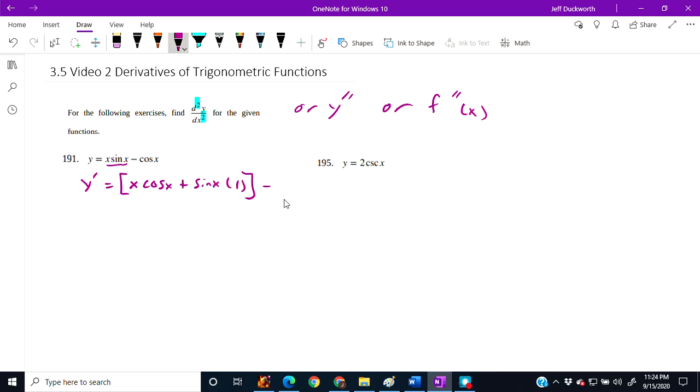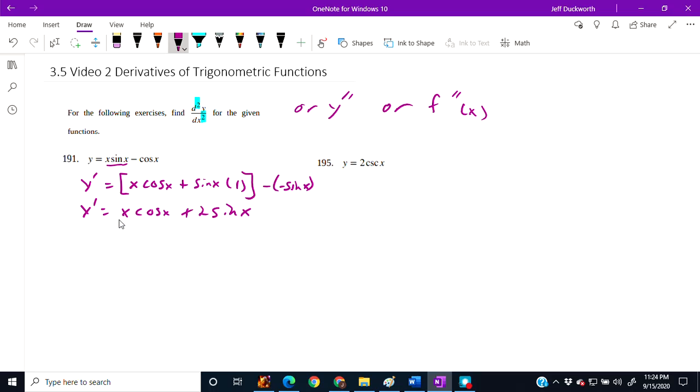And then we take the derivative of cosine, which is negative sine of x. And so that gives us x cosine. And we've got, looks like, two sines here. We're going to have one sine and another sine. All right, so that's the full first derivative.